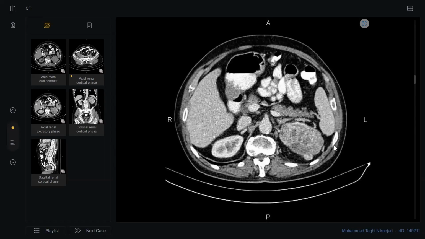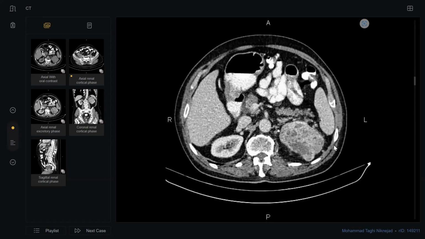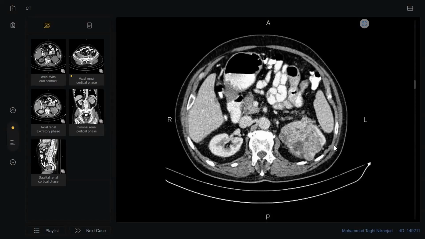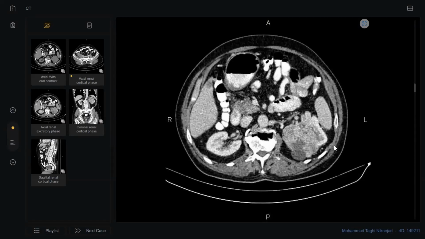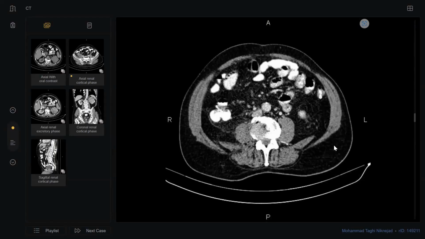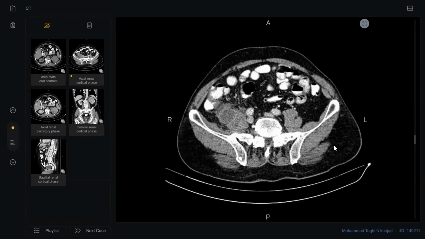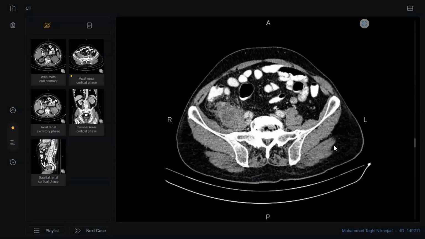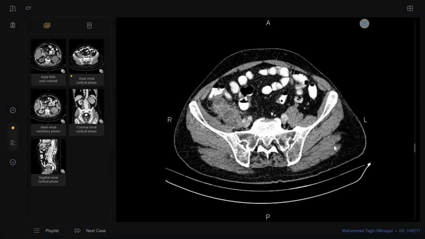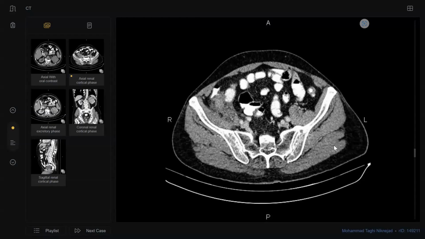Okay, to conclude: enhancing mass lesion involving the left kidney upper pole and pulmonary nodule in the right lung base, and enhancing heterogeneous mass involving the appendicular region. So I'm thinking of a malignant mass lesion with metastasis.